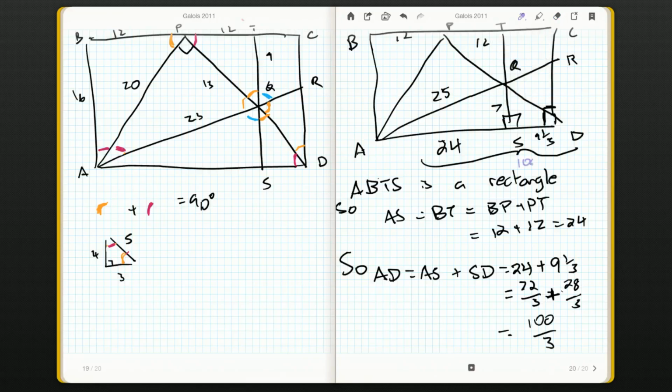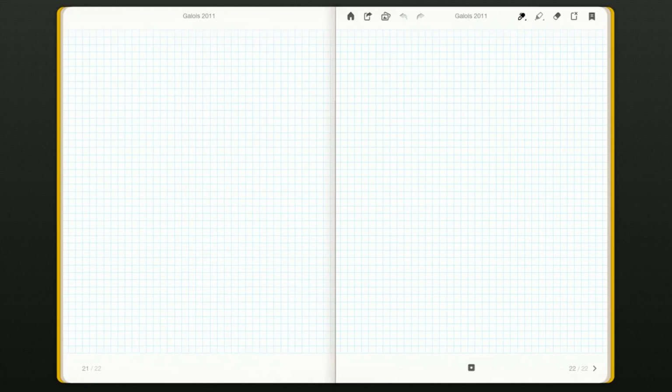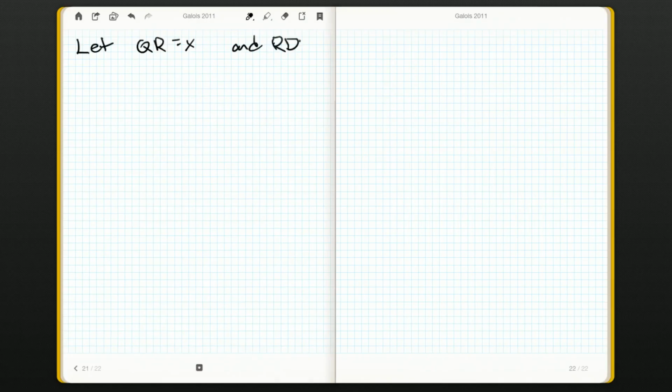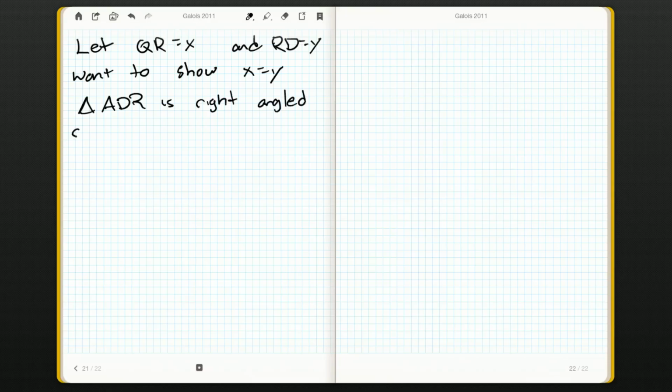We'll put it in purple. And we'll say let QR be X and let RD be Y. What we want to do is show that X is equal to Y. Okay. Well, triangle ADR is right angled.